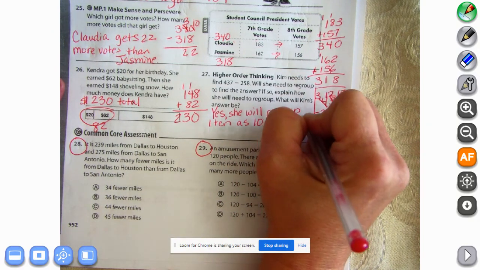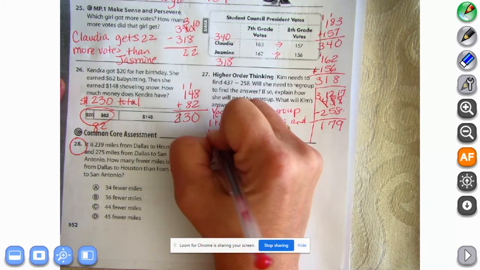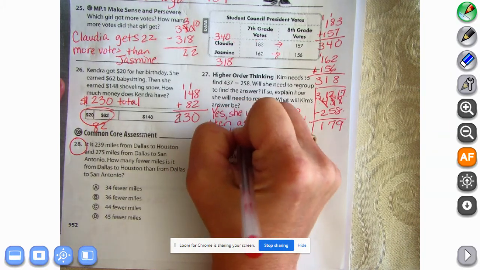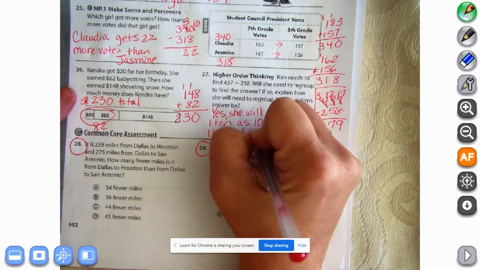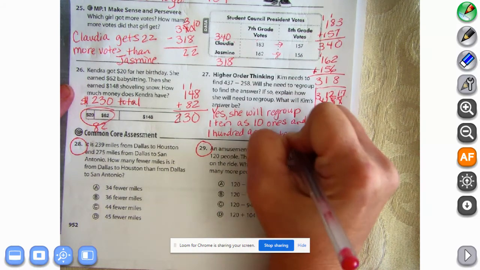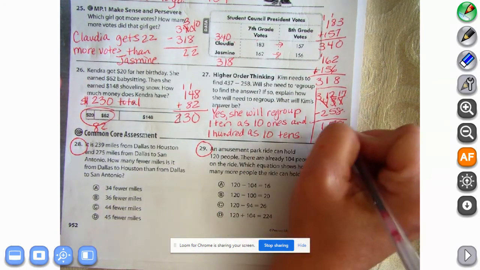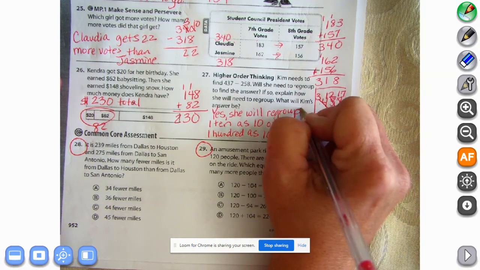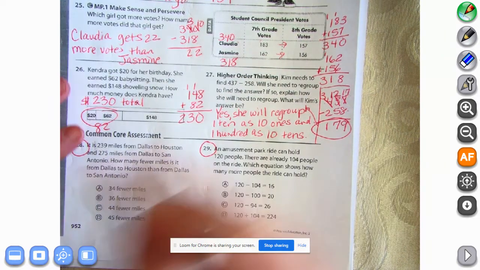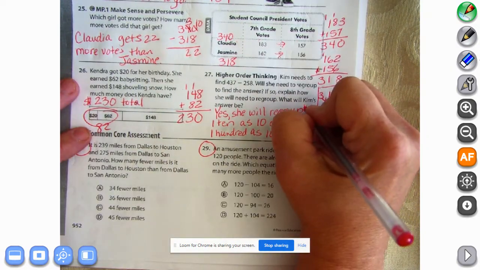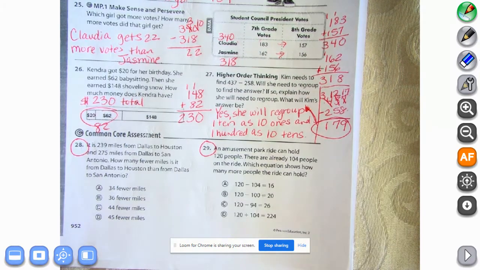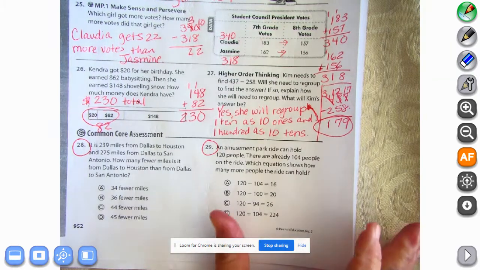And she's going to have to take one of the hundreds, 100, as 10 tens. So 179 is her answer. It's supposed to be an arrow right there. Oopsie.